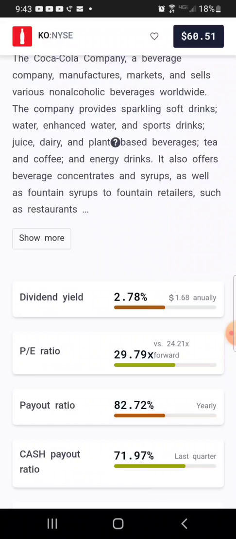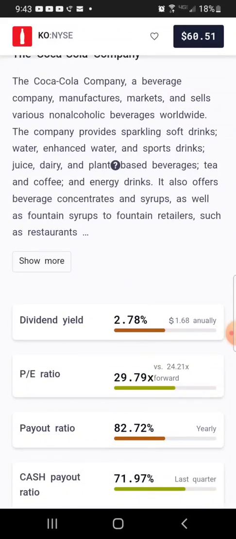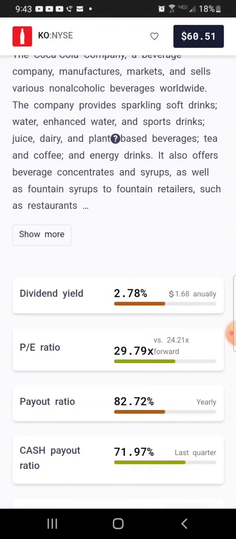I haven't bought any more for a while, because I've been dialing in on the actual stocks that will give me the best return and best dividends, because I know now. But if you are new, there is nothing wrong with owning an ETF. Just when you know, you know.